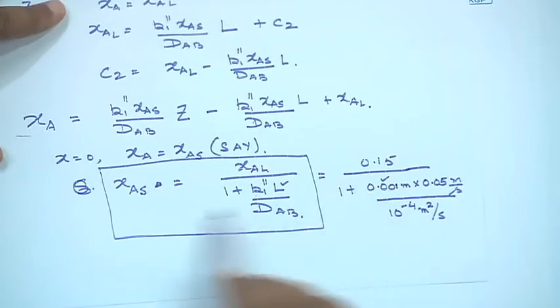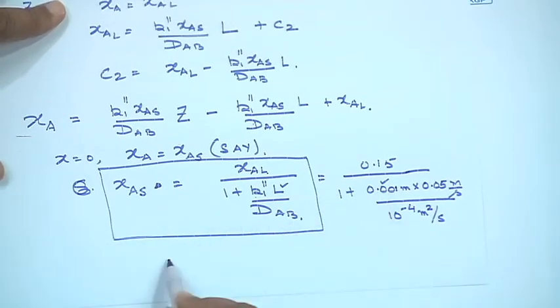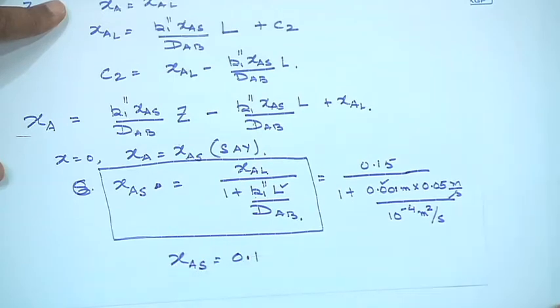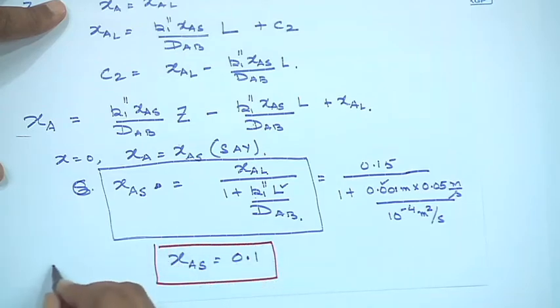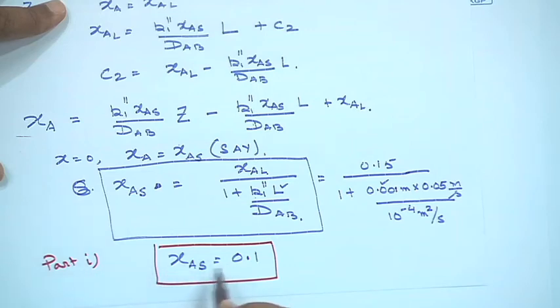So, what you get is the value of XAS, and the value of XAS would be equal to 0.1. So, this gives me the first part of the problem.